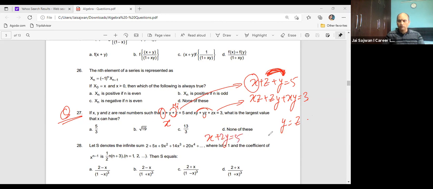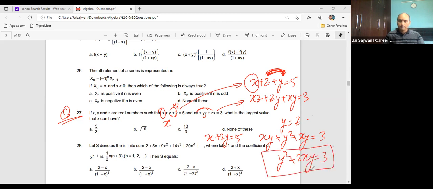There's hardly any impact because of that. x plus 2y is equal to 5. xy plus y square plus xy is equal to 3, or y square plus 2xy is equal to 3. Fine. Can I put the value of x is equal to 5 minus 2y? Or sorry, I multiply this equation by 2y. Why? ये 2xy वाला झमेला चला जाएगा.